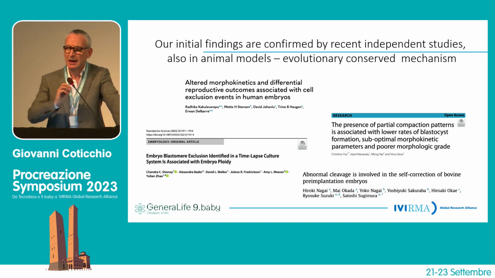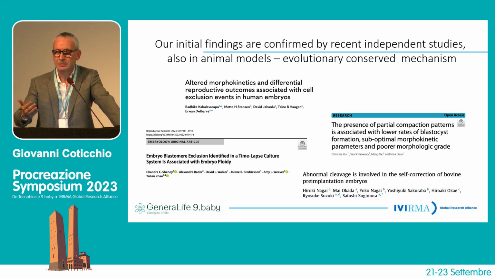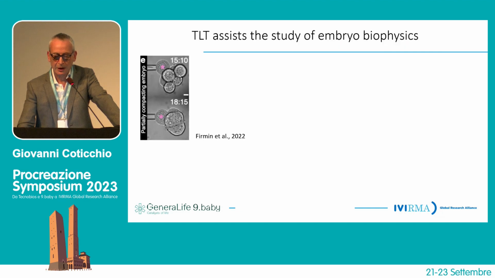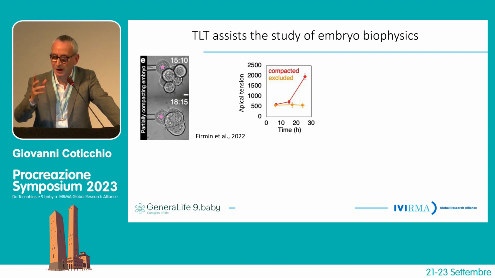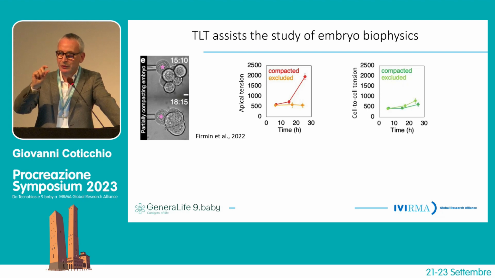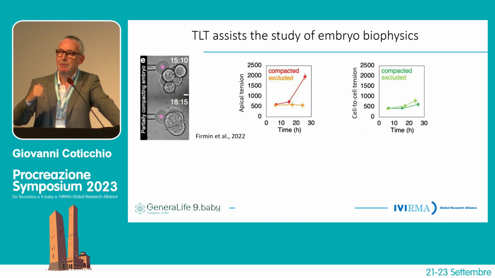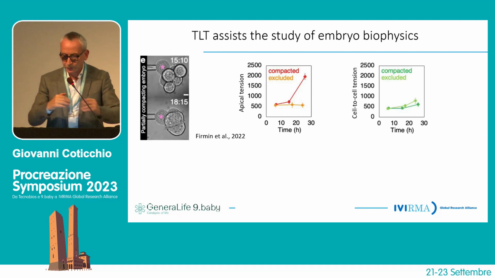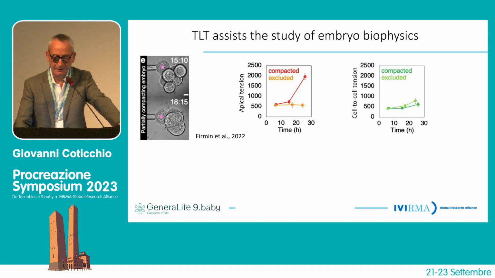And in fact, these initial observations were confirmed independently, also in the bovine. So I would tend to believe that this is a conserved mechanism throughout evolution. We can also, by time-lapse and other modalities of manipulation, monitor the tension of those cells that fail to compact. And we can observe that the apical tension does not reach an appropriate level of change in its value in cells that fail to compact.